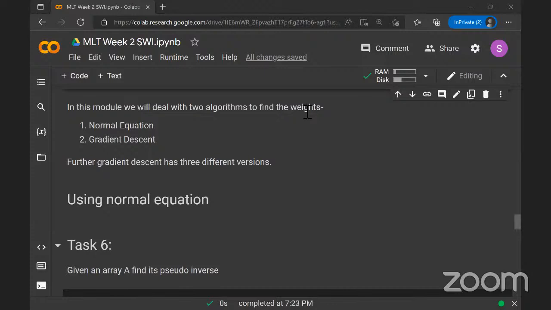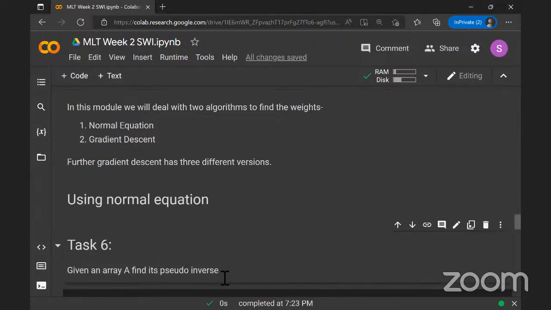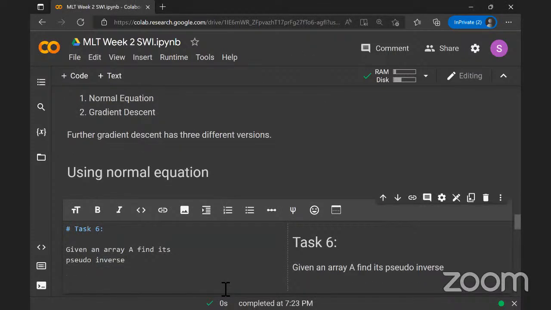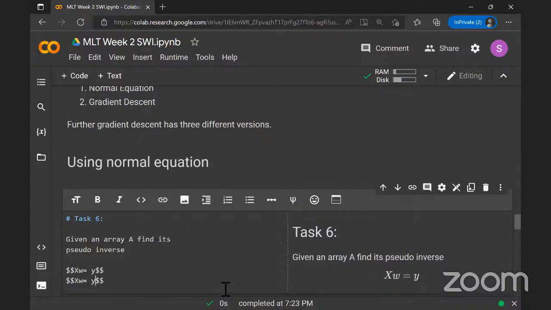I see. So pseudo-inverse of matrices are required when, let's say we have an equation like Xw = y. Assume that this is a mathematical equation. What we want to do is find w. So what we do is we multiply it with inverse of X on both sides.